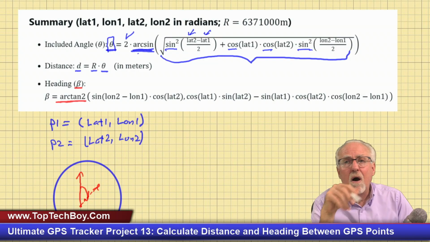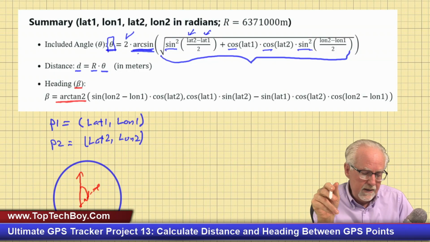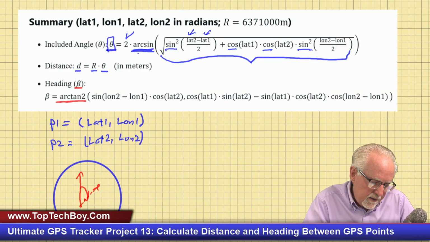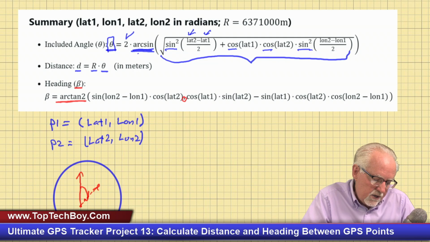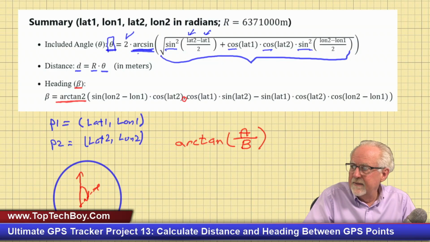Now, arctan is undoing the tan, and if you do arctan2, which is actually a command in MicroPython, what you do is you take the arctan, and I just want you to see this comma, okay? Arctan would be like A over B, something like that.